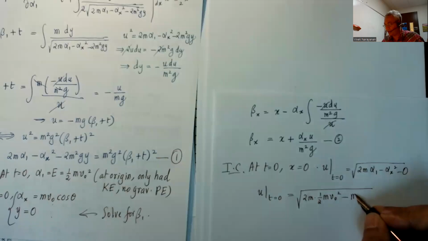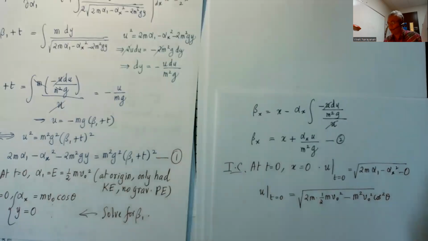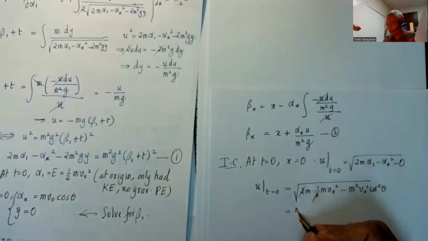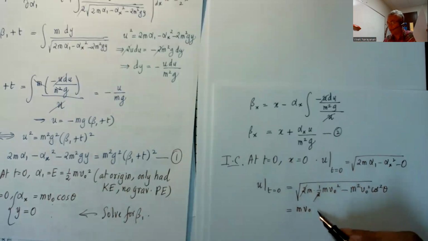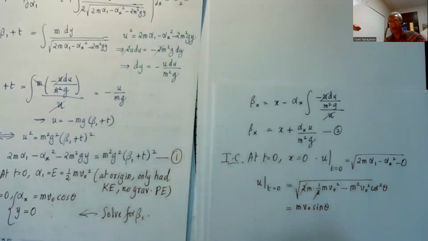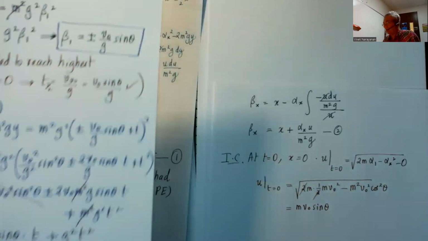So it's going to be m squared v naught squared cosine squared theta. Well, that's m squared v naught squared in both terms, so I'll take it outside. Square root of 1 minus cosine squared is just sine squared, which take the square root. I get sine theta. So beautiful.